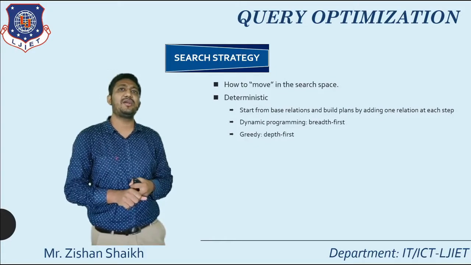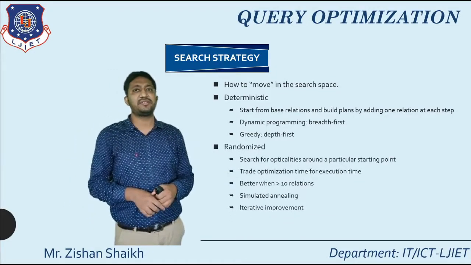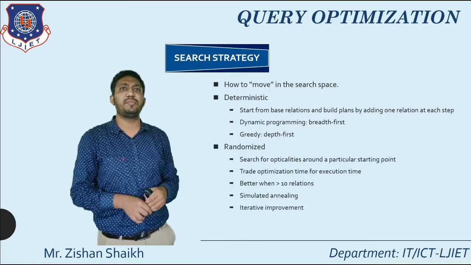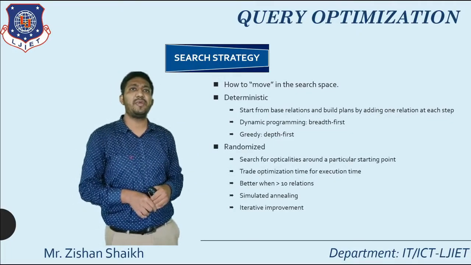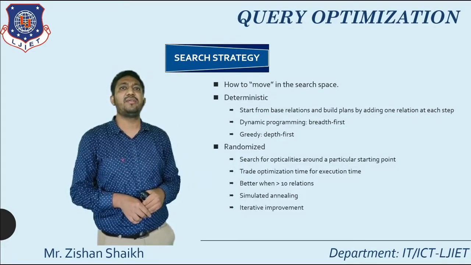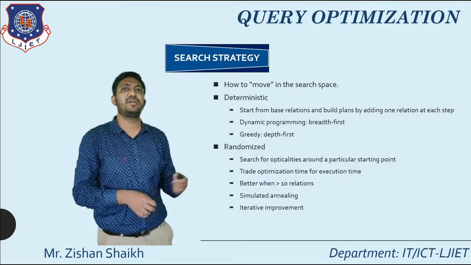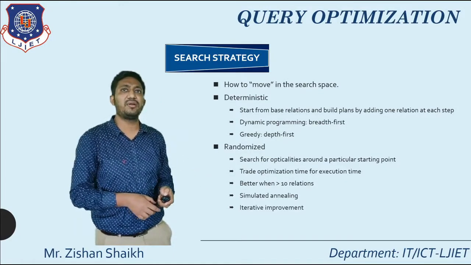There are 2 types of search strategy, deterministic and randomized. Deterministic uses the dynamic programming method and is considered greedy. And randomized randomly takes data according to the neighbor data.